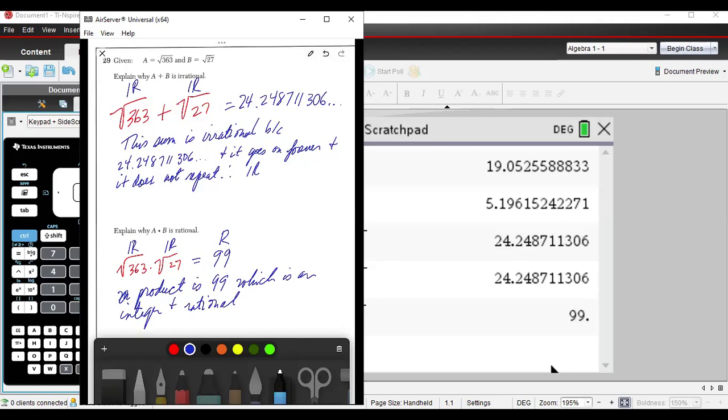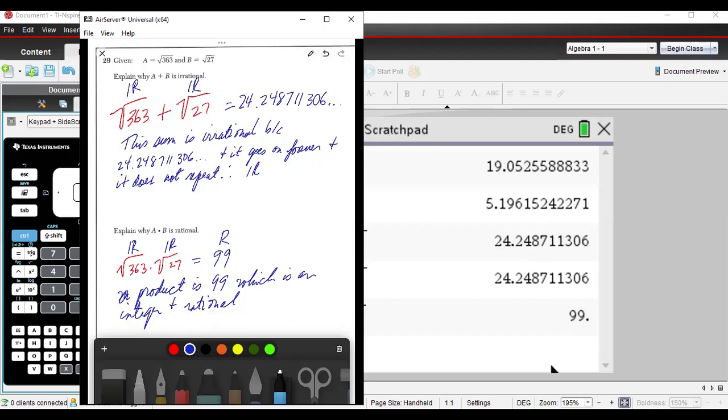One was this, one was this, and the sum was irrational or rational, whatever it may be. I think that's good enough. So take each individual number, determine if it's rational or irrational, label it, and then whatever the sum or the product is, label that. Basically that's what I expect you guys to be able to do.